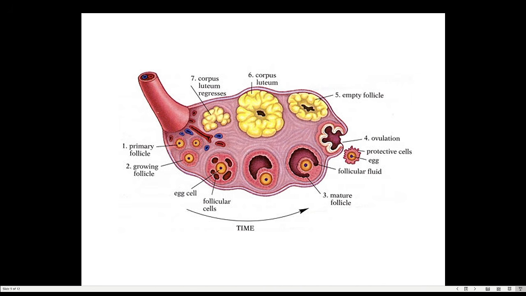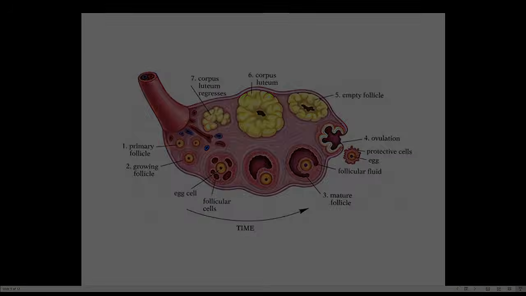You start with very small follicles, and then eventually, as it nourishes the egg cell, it also becomes larger until such time that the egg cell or the ovum comes out of that follicle. Then the follicle that is left without an egg cell becomes a corpus luteum. An empty follicle transforms into a corpus luteum.